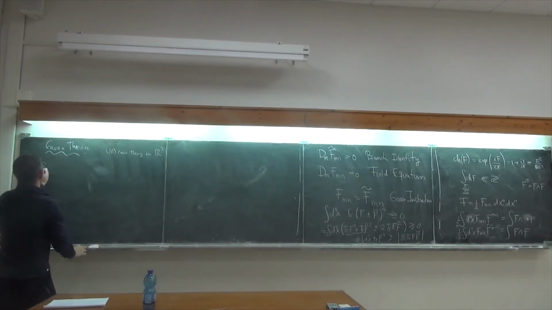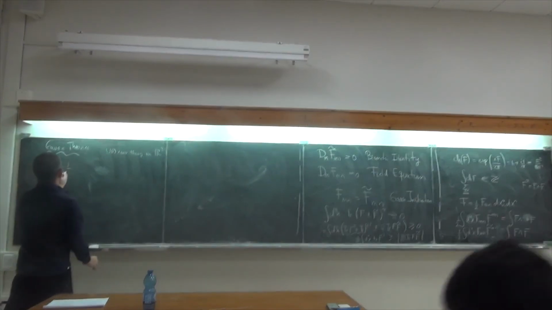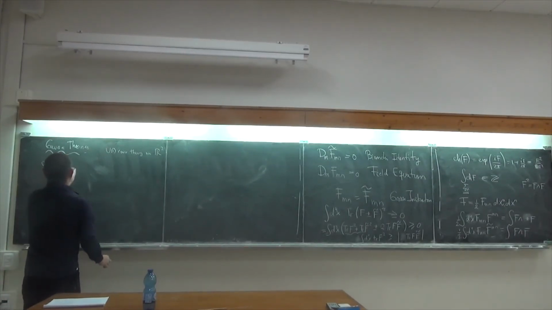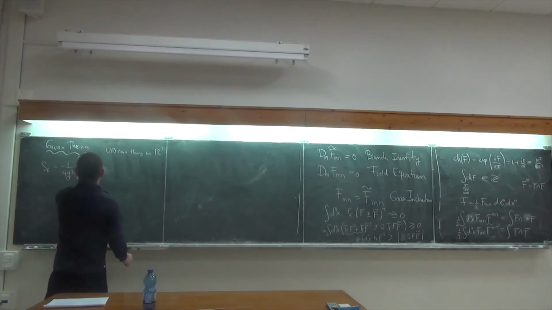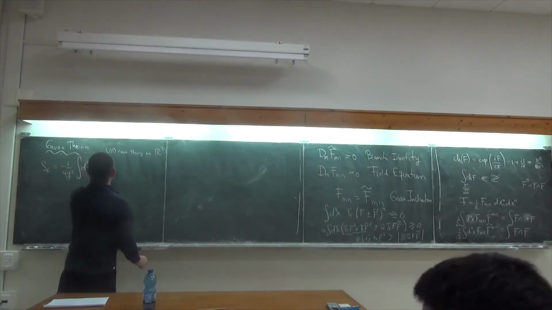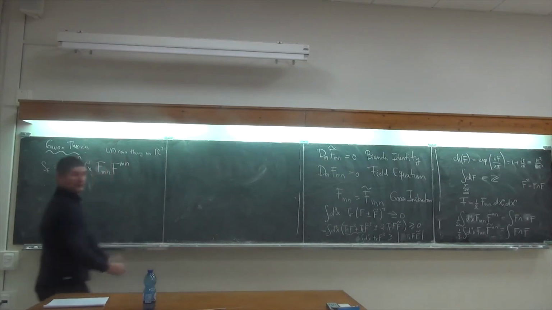We say that the Euclidean action is minus 1 over 4 g squared integral d4x F_mn F_mn.